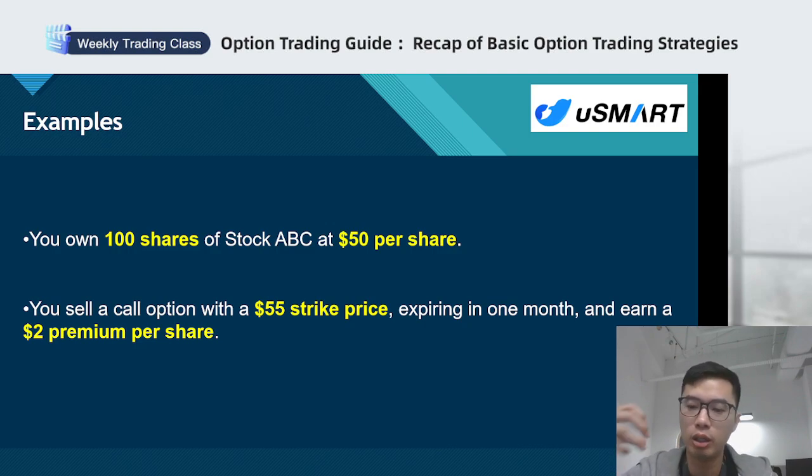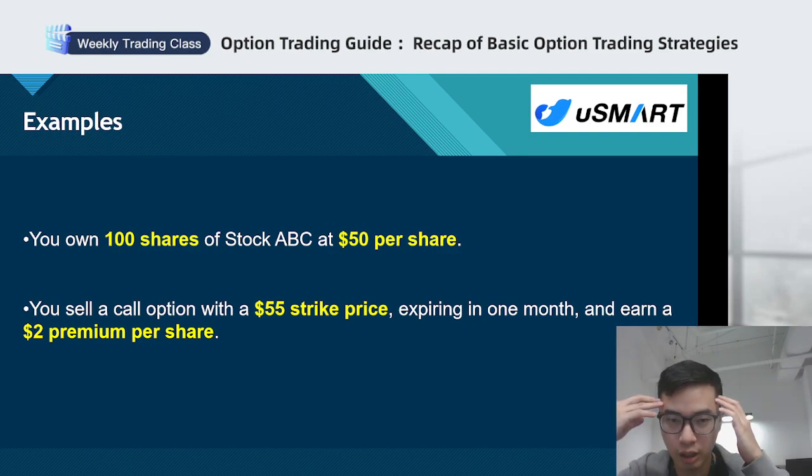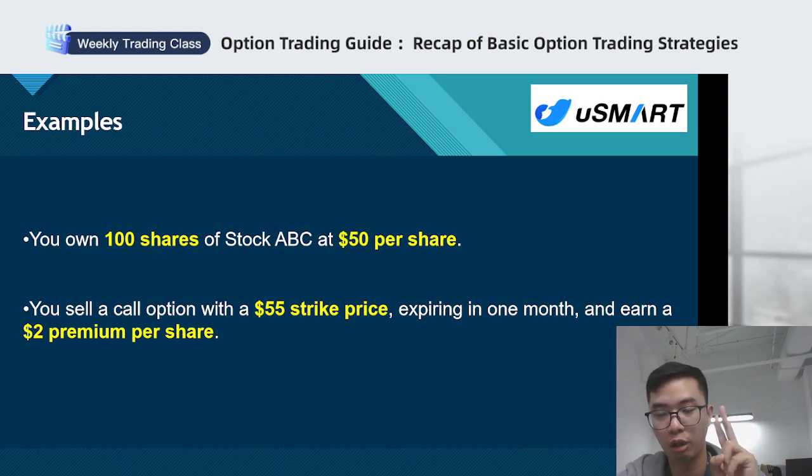Imagine you own at $50 and you initially planned to sell at $55. So while waiting for it to hit your TP, you can sell the call at the 55 strike price and earn the $2 premium per share.